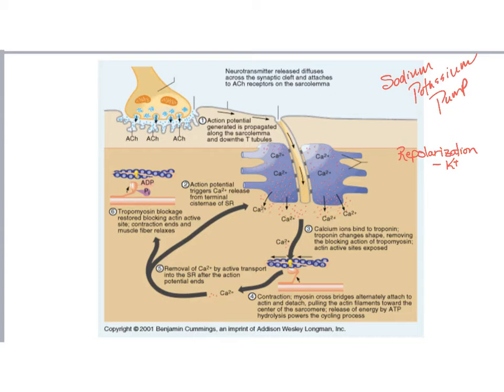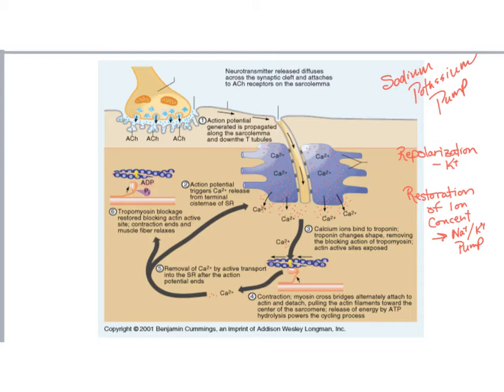However, we have to make sure that we have sodium back on the outside and potassium back on the inside in case that muscle wants to contract again, right? So the restoration of the ion concentrations occurs due to the sodium potassium pump.